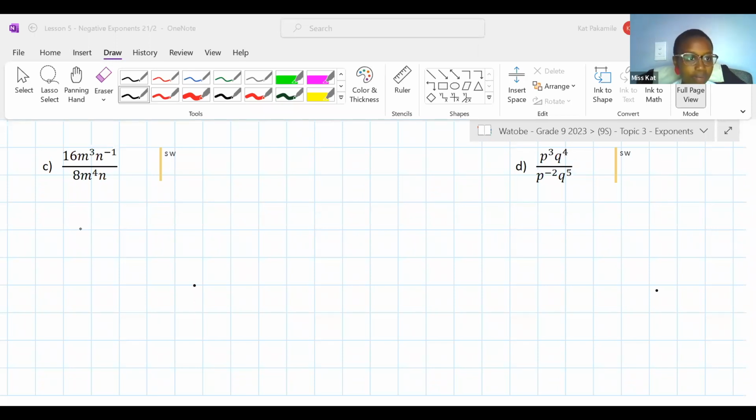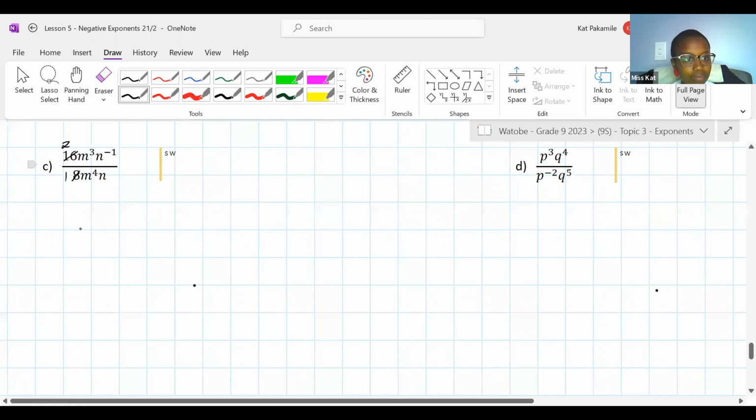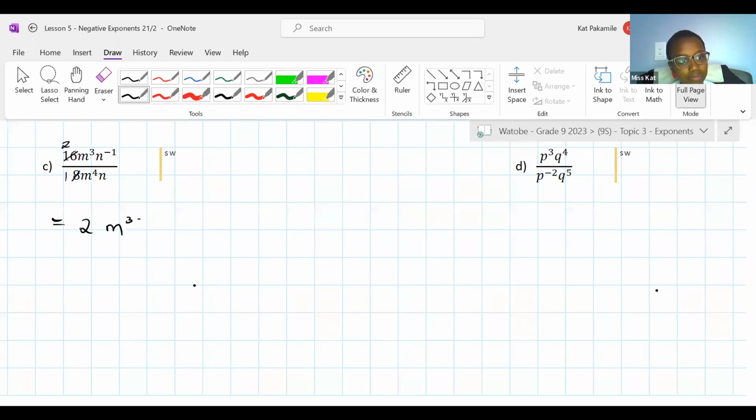I divided them, and then it made 2, and then I went to M. Then I said 3 minus 4 makes -1, and then I went to N. Then I said -1 minus 1 is -2, and that's my final answer. Okay, remember, Justin, we wanted positive exponents. So how are we going to rewrite this with positive exponents?